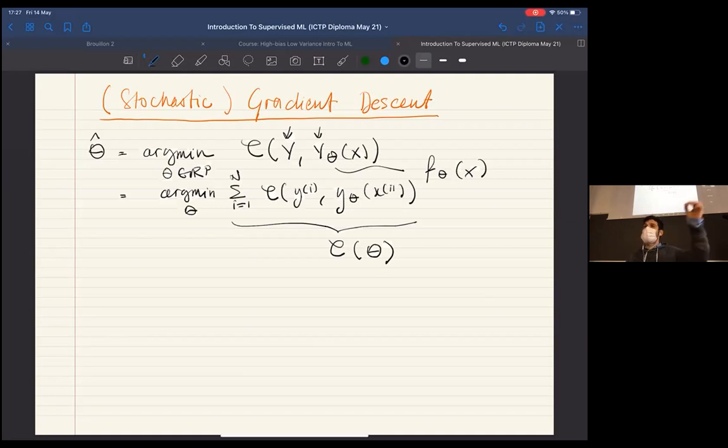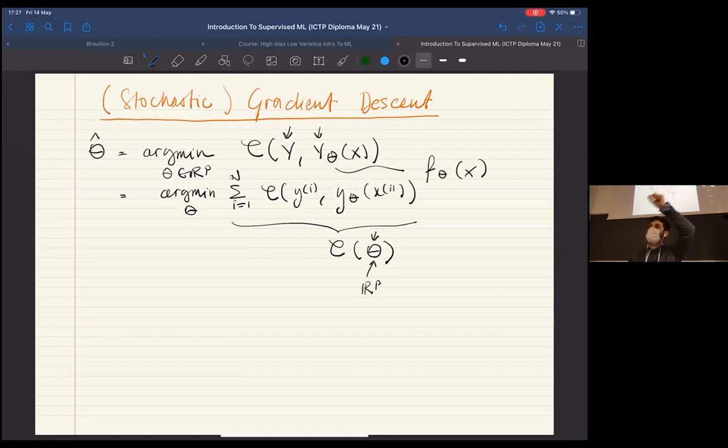Imagine that you have a complicated landscape like this, which is defined by this function. One point in this high dimensional space represents a value of this parameter. So we are living in R^p, the p-dimensional reals, and one point in this space means one value of this vector.